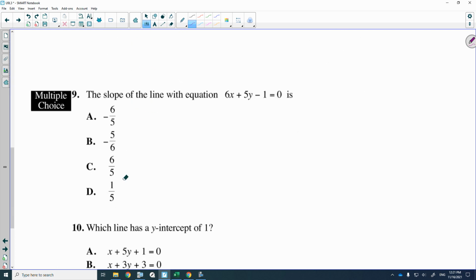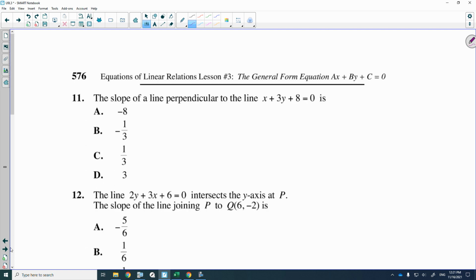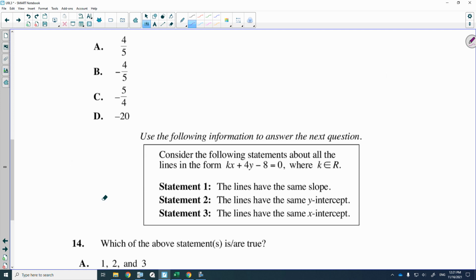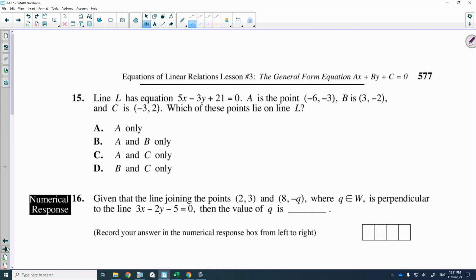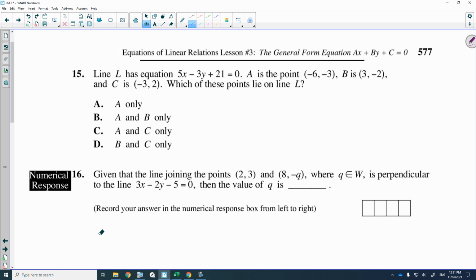Circle number 9. Circle 11. And that would be it for the homework.